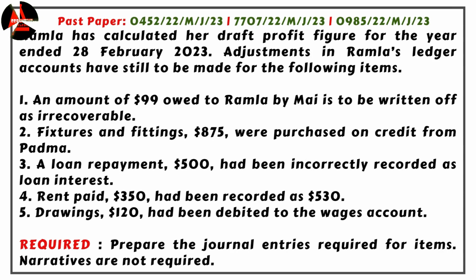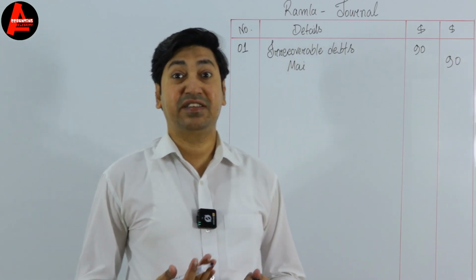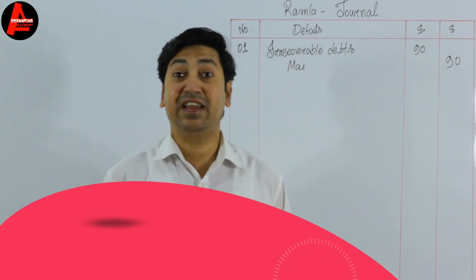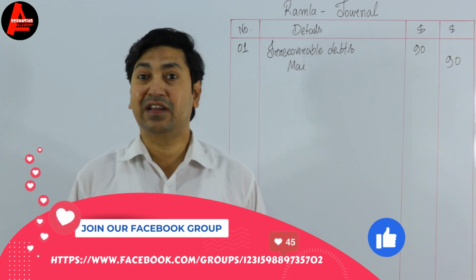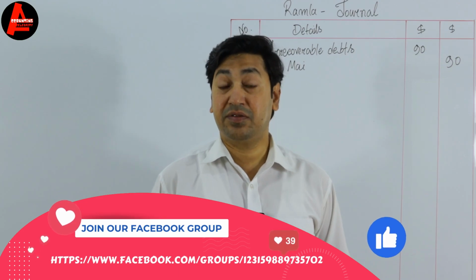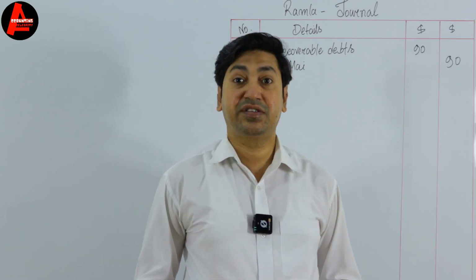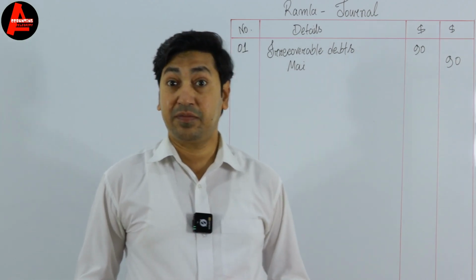Then we have number 2, fixtures and fittings $875 were purchased on credit from Padma. Fixtures and fittings, it is an asset, purchase asset. It means that asset increased. So increase in asset will be debited, decrease in asset will be credited. So here fixtures and fittings are increasing, so fixtures and fittings will be debited. And who is the giver?